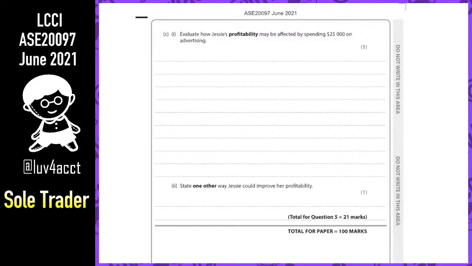First of all, spending on advertising 25,000 is an expense, so profit will go down, of course, one thing. But then because of this, you may be able to increase revenue itself, selling more. You sell more, so you have higher revenue.